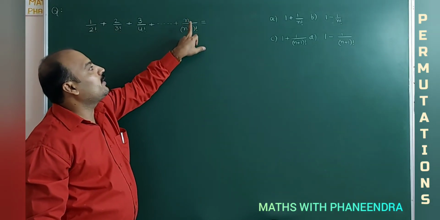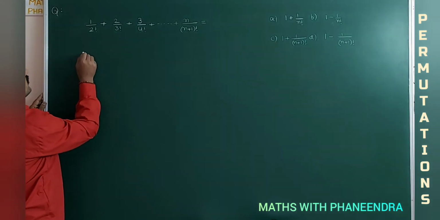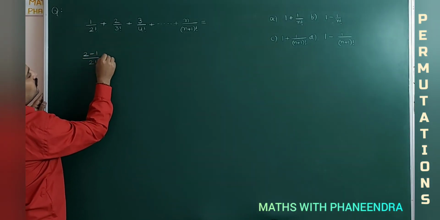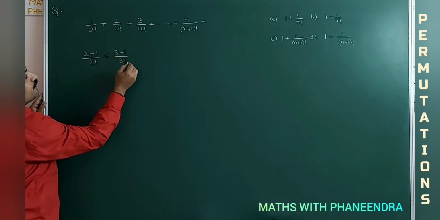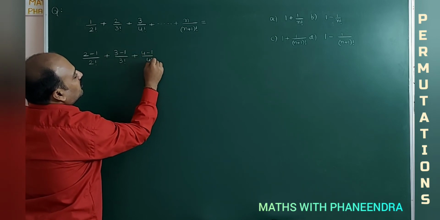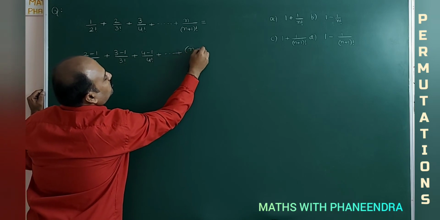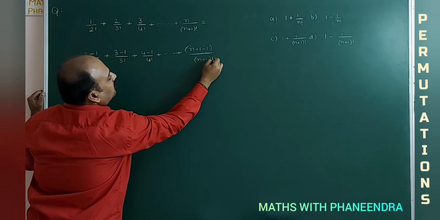Similarly, n can be written as n plus 1 minus 1. So 2 minus 1 divided by 2 factorial, plus 3 minus 1 divided by 3 factorial, plus 4 minus 1 divided by 4 factorial, plus and so on, n plus 1 minus 1 divided by n plus 1 factorial.